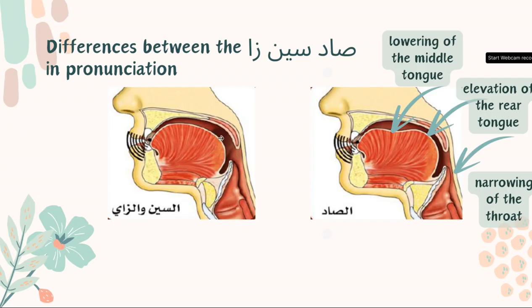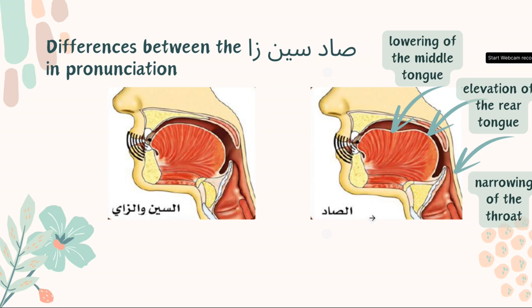The furthermost part of the tongue is not rising upwards, and the middle part of the tongue is not lowered, okay? And the tip of the tongue is touching the lower part of the lower incisor surface. So this is how it looks to pronounce the Sin and the Z.